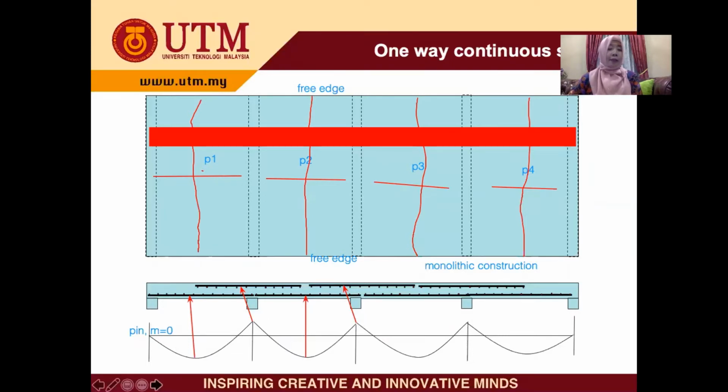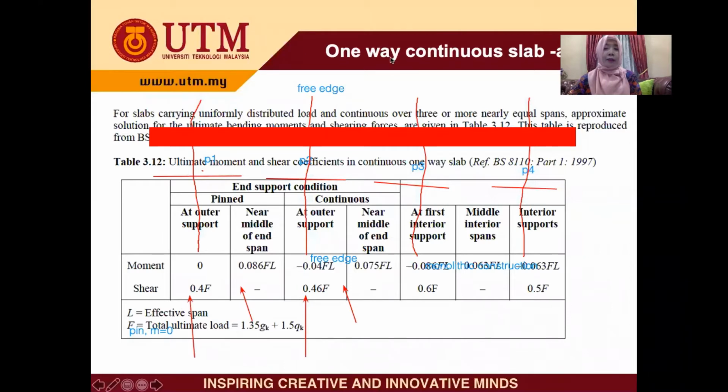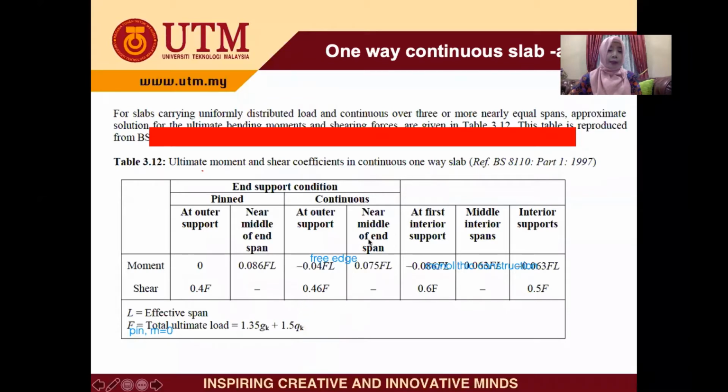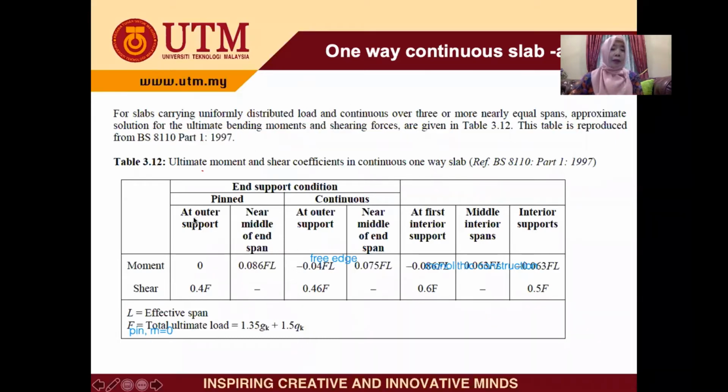So like in the beam, we need to erase first. Remember this table, it's similar to the analysis in the beam, but here we have two assumptions, pin and continuous. We have outer support, near middle, and span.